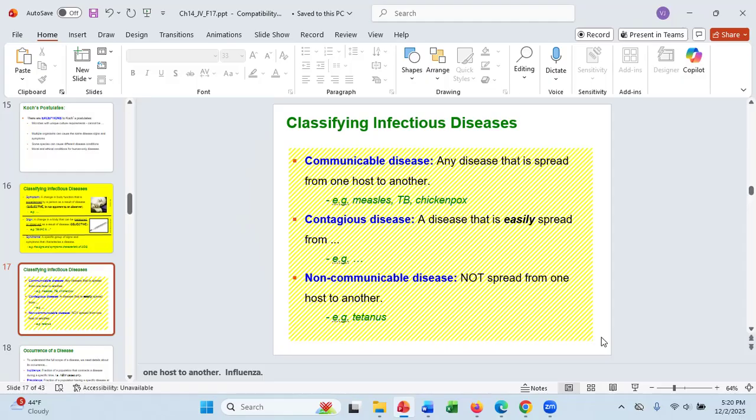So what's different between a communicable disease and a contagious disease? Contagious is just more easily spread. Yeah, a contagious disease is one that is easily spread. So of these three diseases here, what disease is communicable but is not contagious?